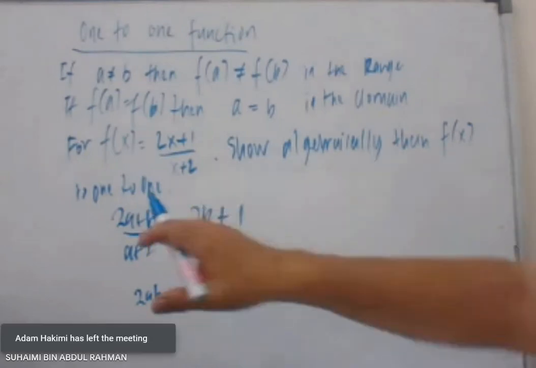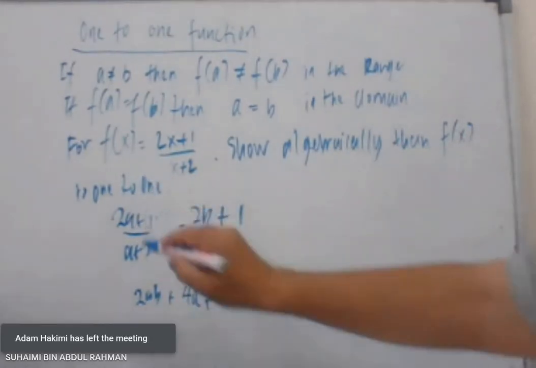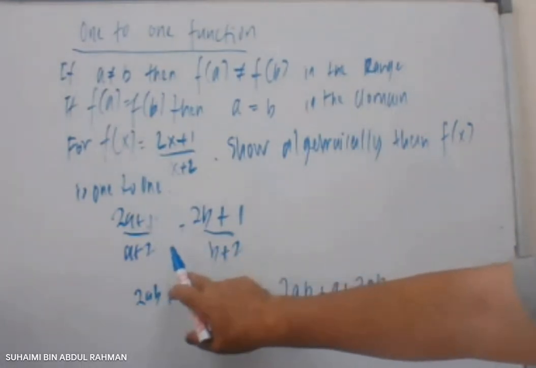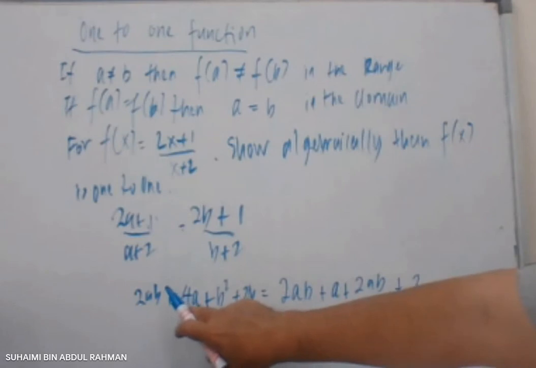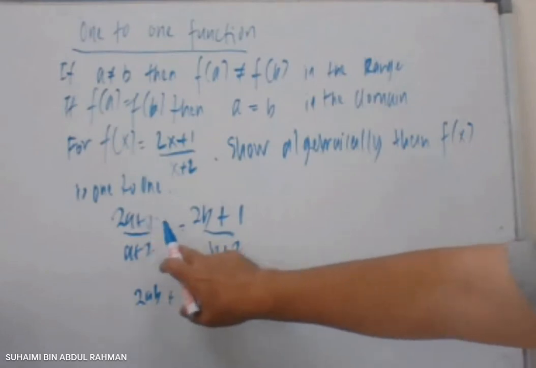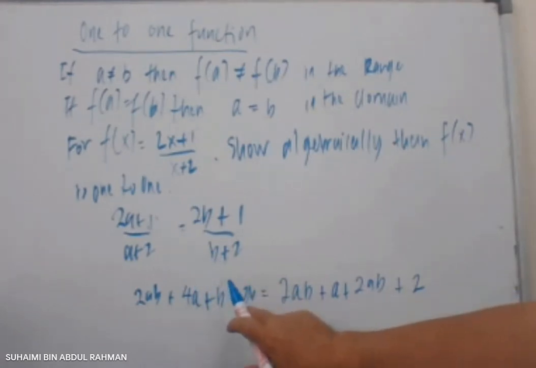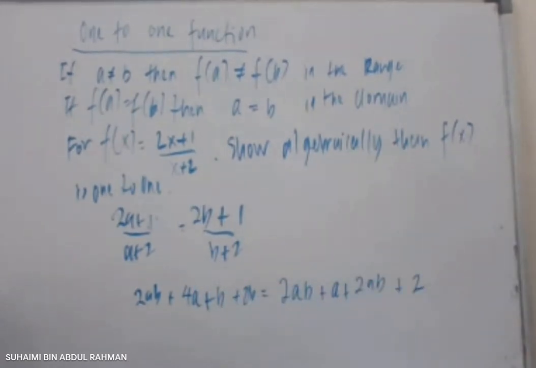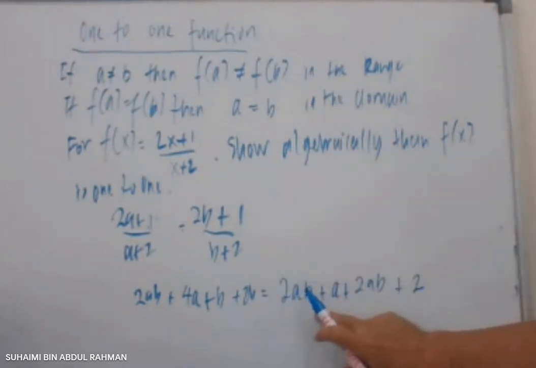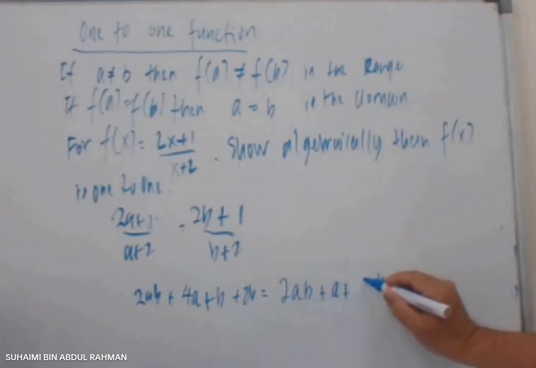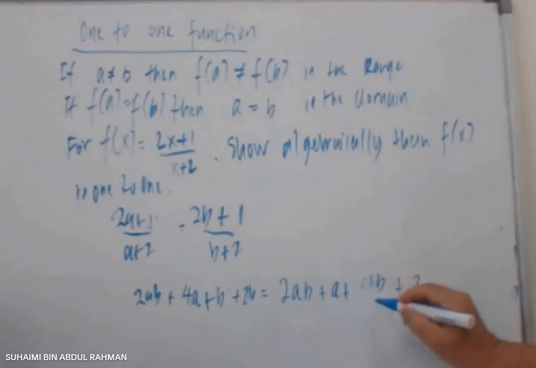Is that 2A plus 1? Plus B. Oh, plus 1 here, sorry. We multiply, cross multiplications.